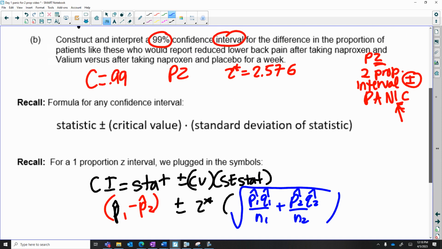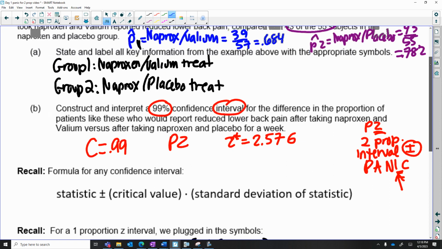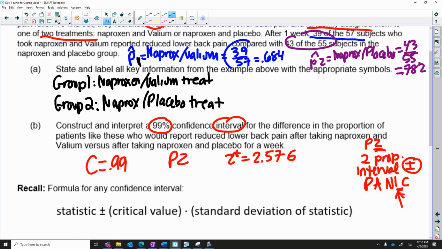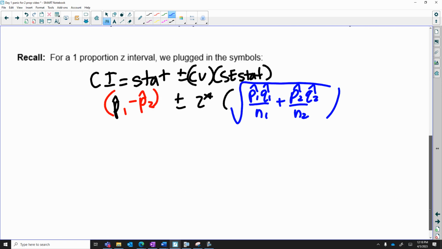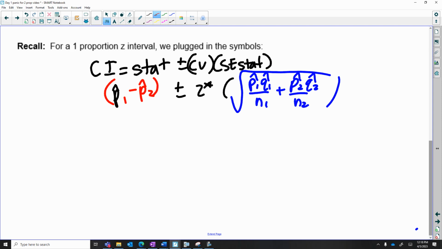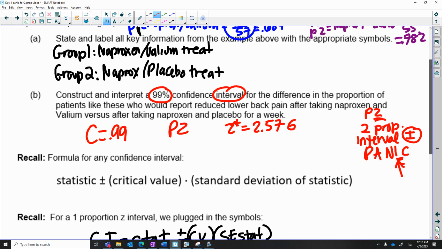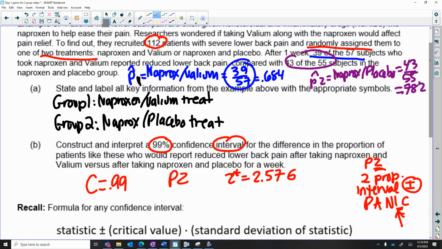For P hat 1, if you go back up, we divided it out and got 39 out of 57, or 0.684. So we're going to do 0.684 for the naproxen and Valium group, minus the other group, the naproxen placebo, where we got 0.782.